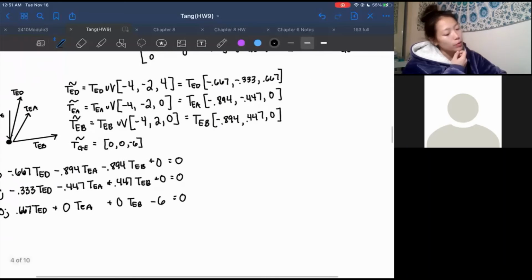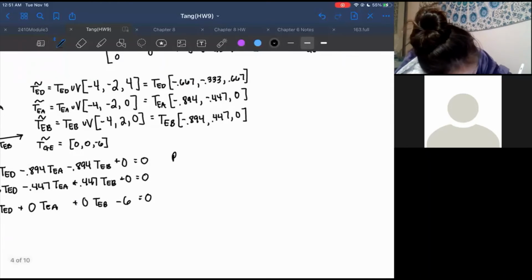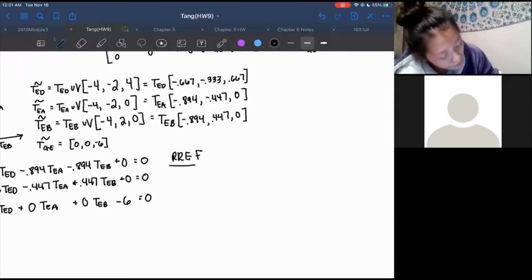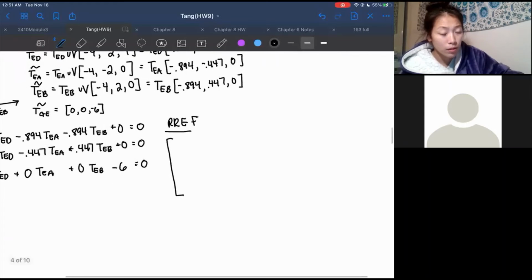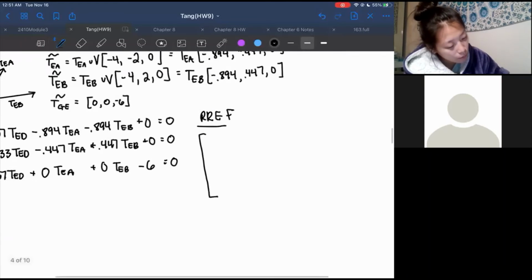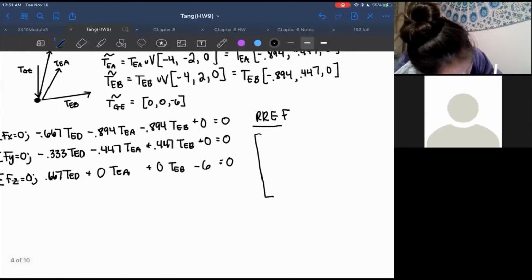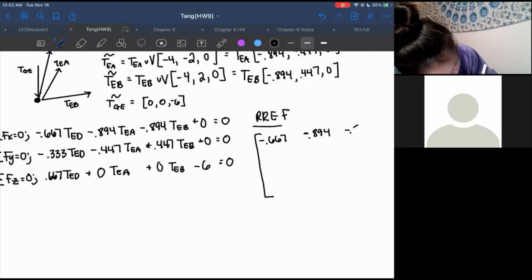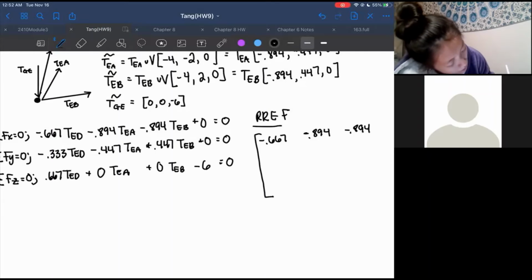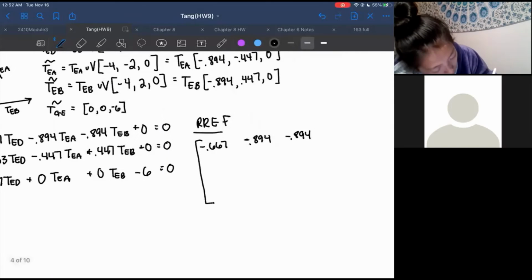And we'll do the same thing where we use RREF to find the solutions. Our matrix will look like this. So it'll be negative 0.667, negative 0.894, negative 0.894, and that will be 0 to the side.